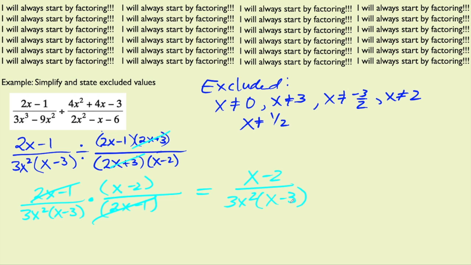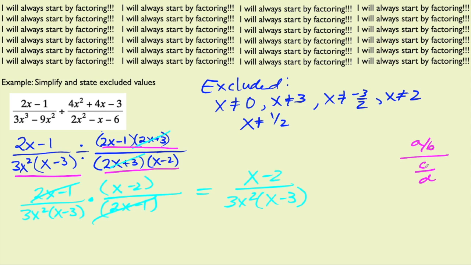So a couple of key things here that are different than the multiplying. Excluded values are going to come from 3 items, and I'll highlight those with the magenta. So your excluded values will come from the factors with the underlined magenta, okay? Because if we have a fraction, if we do a over b divided by c over d, d and b can't be 0 because then those two fractions become something over 0.